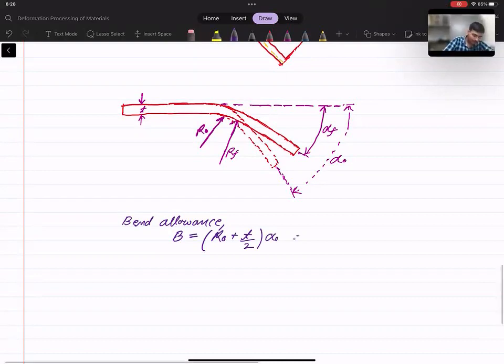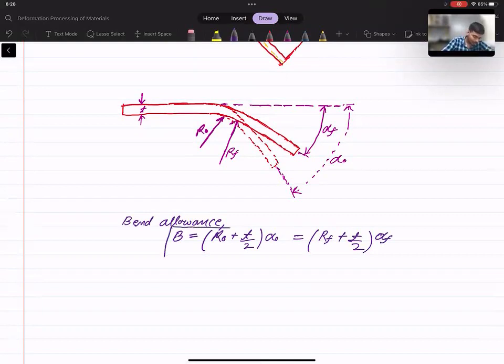Or if we consider the final bend radius, then we will replace both the radius and the angle by final values. So this is (RF plus T by 2) times the final bend angle alpha f.